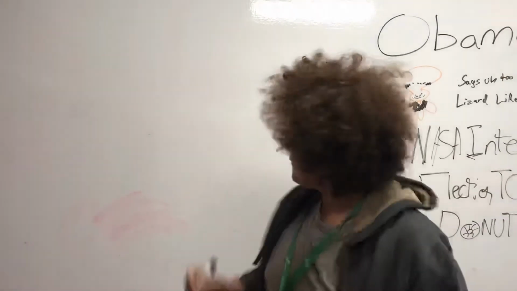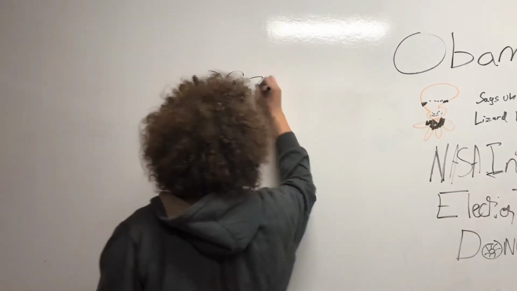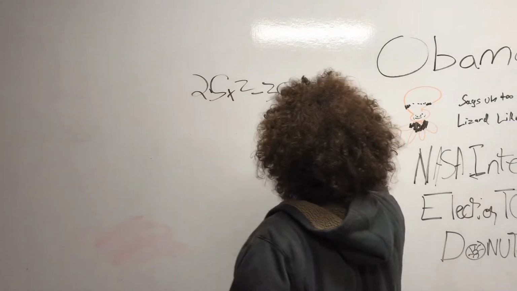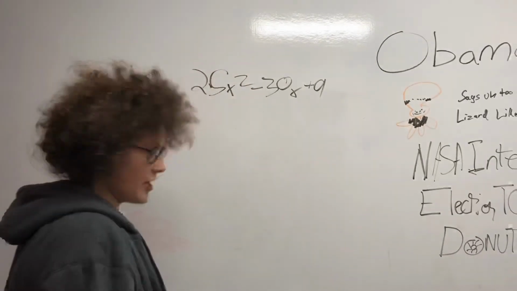So yes, if you remember yesterday's example of 25x squared minus 30x plus 9, this is obviously after it was set equal to 0 because I'm just explaining to you how to check it.